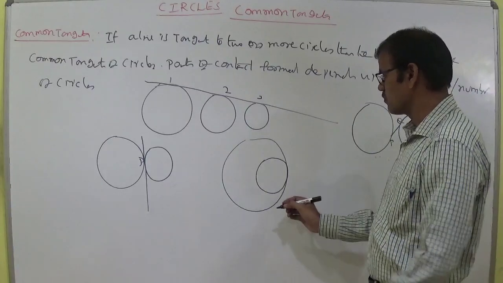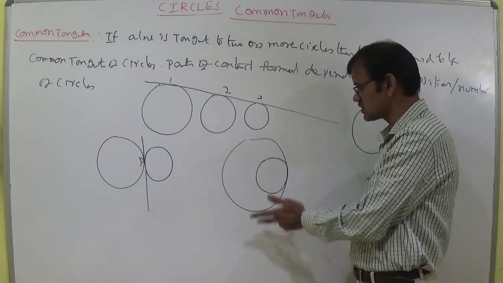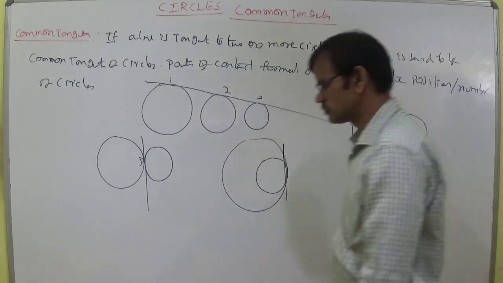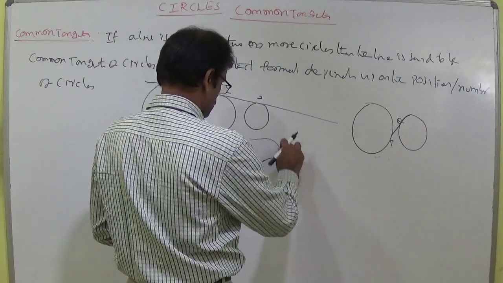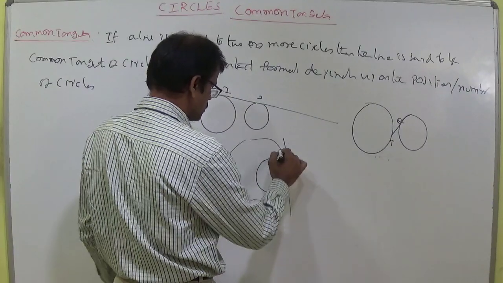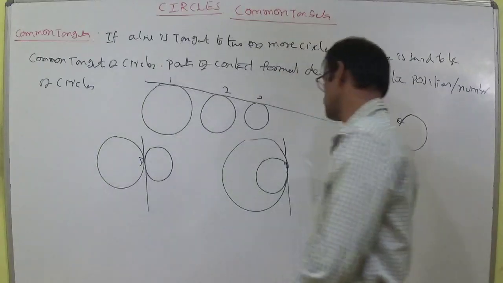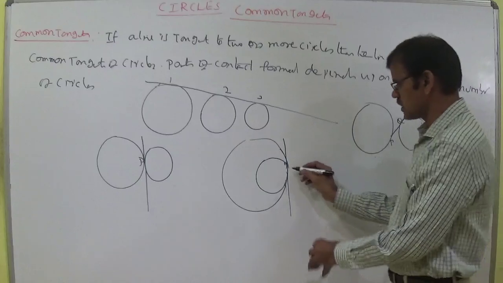Now what happened? One circle lies inside the other and touches internally. This is called touching internally. Now this is the tangent. Draw properly. This is the tangent. The line is touching the 2 circles externally.